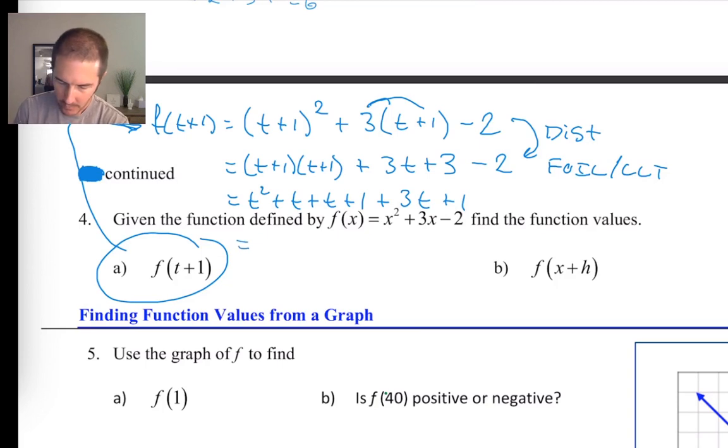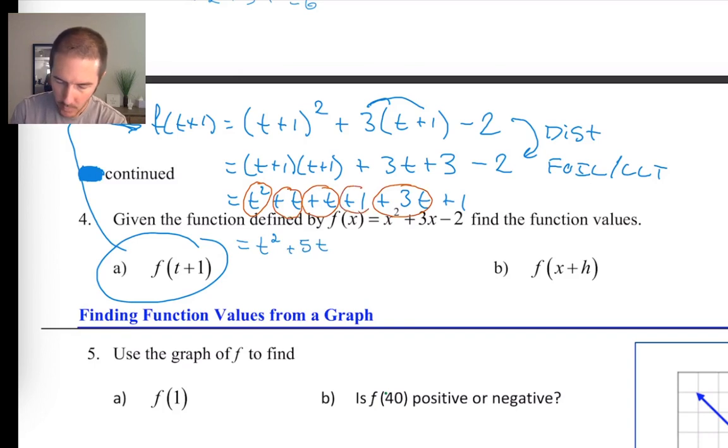Now how many t squareds do we have? I think there's only this one instance of t squared, so I will write down my t squared. And then let's look for t's, t to the first power. Here's a positive t and another one, so now I've got 2 t's plus another 3 t's for a total of positive 5t. And then we'll look for our constant values.